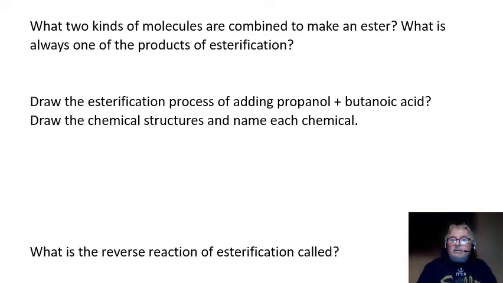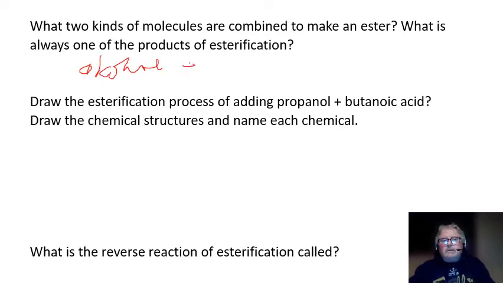So what 2 kinds of molecules are combined to make an ester? An alcohol and a carboxylic acid. Okay, and they make an ester, and also they make water.